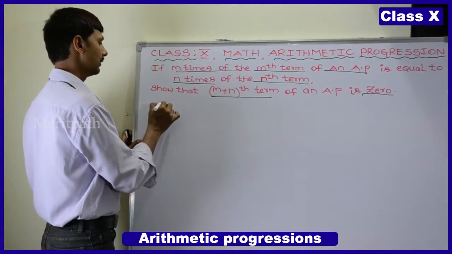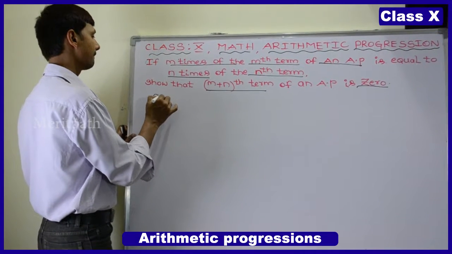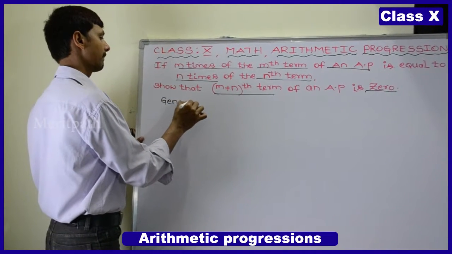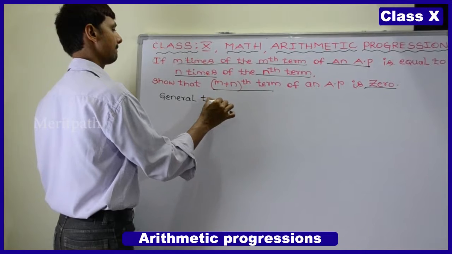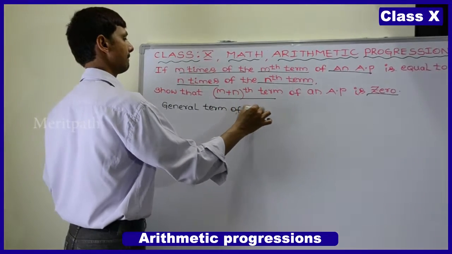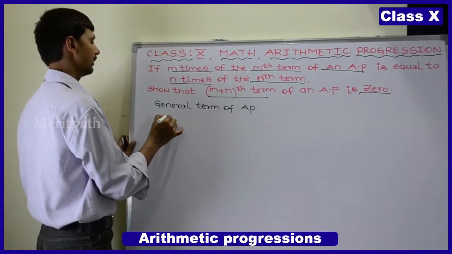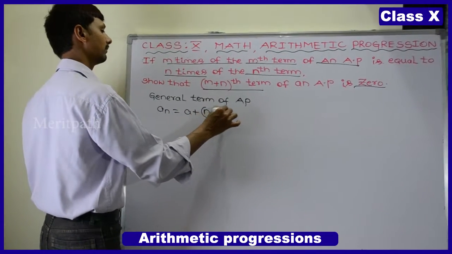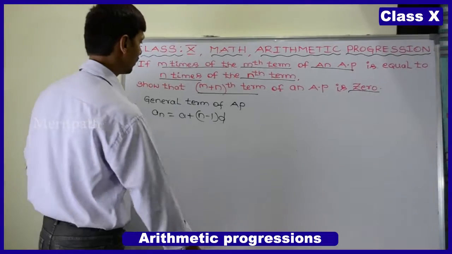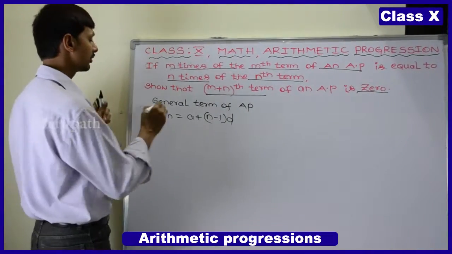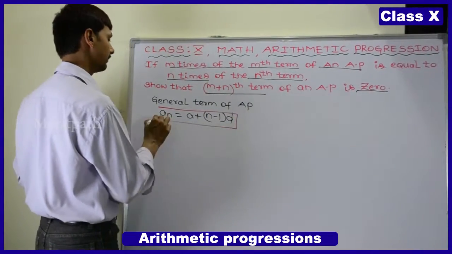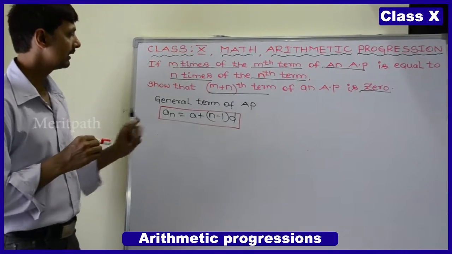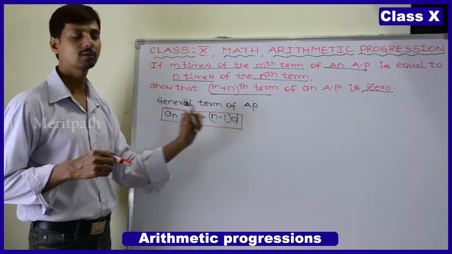We know that the general term of an AP is a_n = a + (n-1)d. Here a is the first term, n is the number of terms, and d is the common difference.